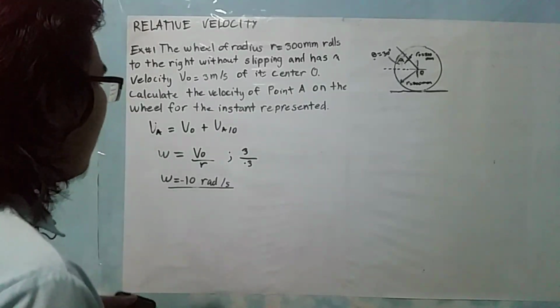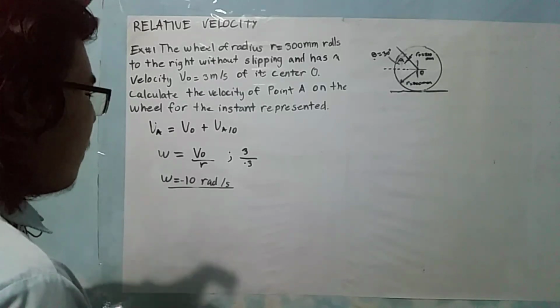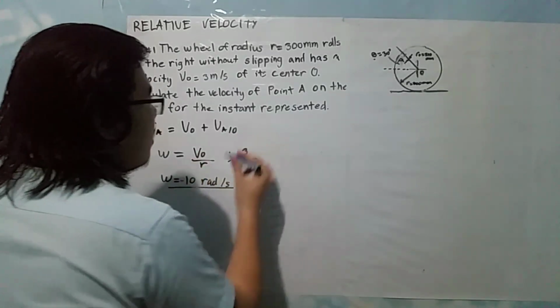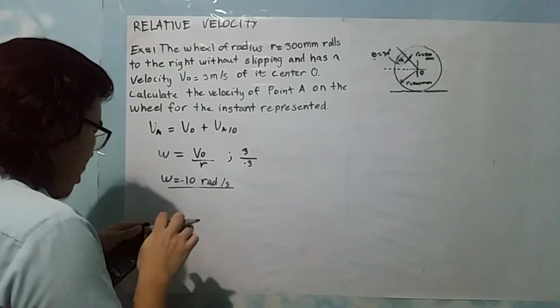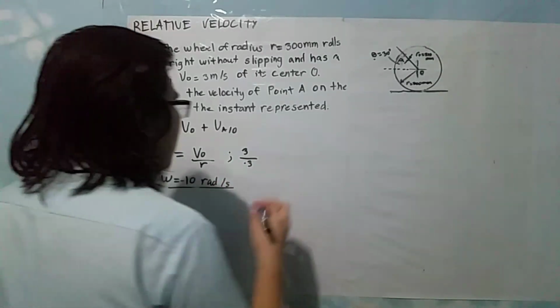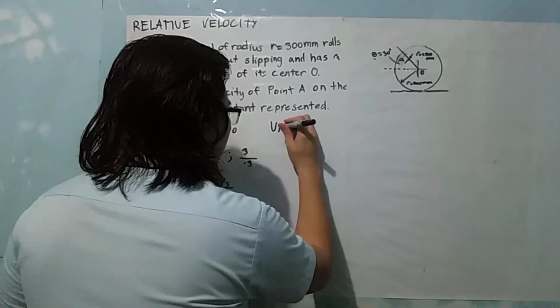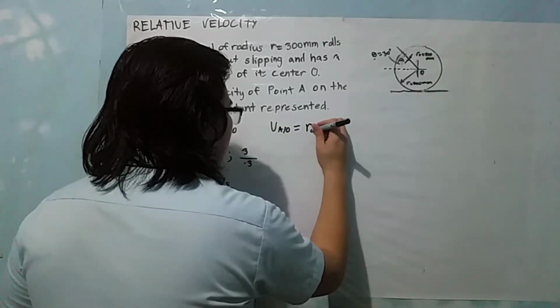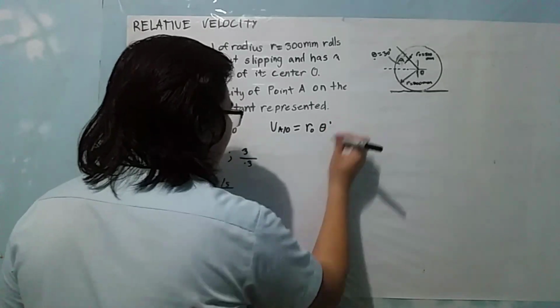Now that we solved for the angular velocity, we can now solve for the v of a and o. The formula that we are going to use for that is v of a and o is equal to r sub o multiplied by theta prime.